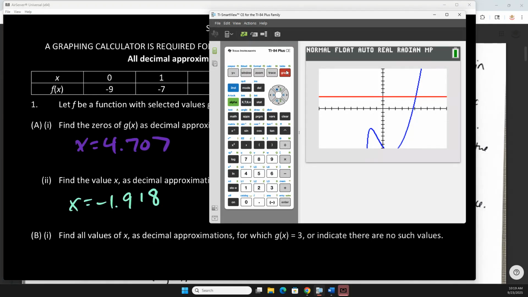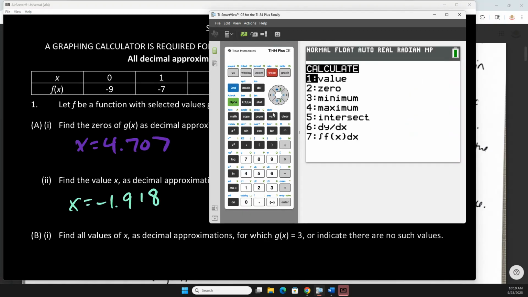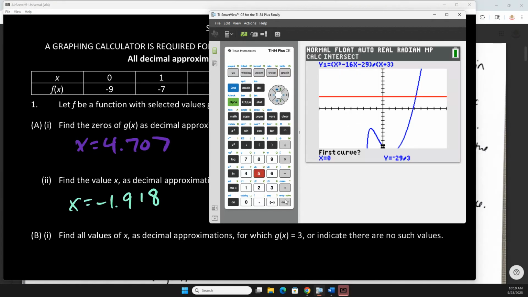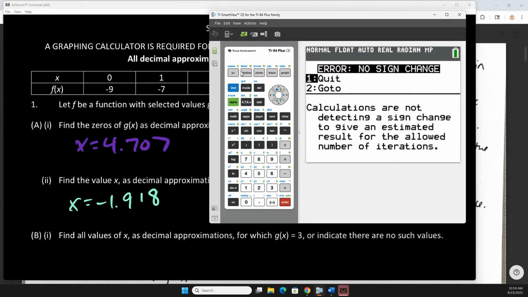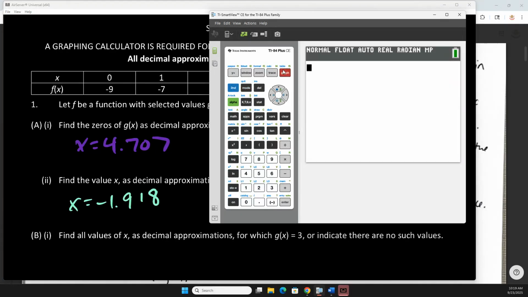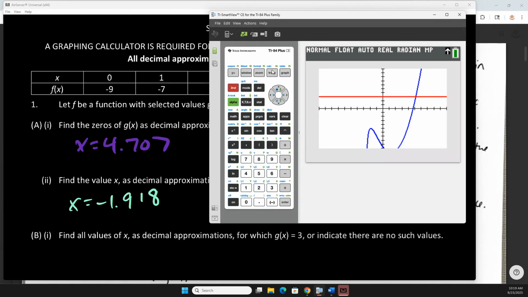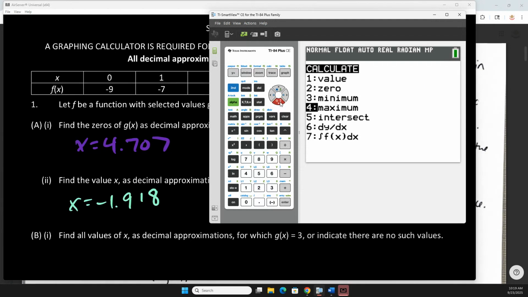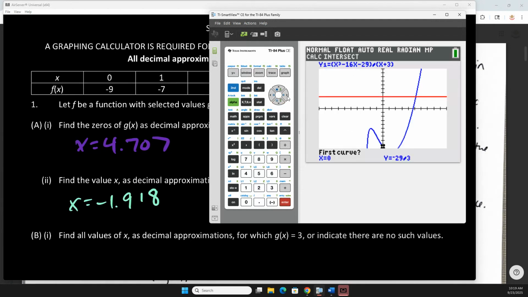All right, so there's one place where those intersect, and that's what we're going to calculate now. So second trace 5. And then we can't just hit enter, enter, enter. Oh, maybe we can. Just kidding. Try that again. All right, so let's move close to it.